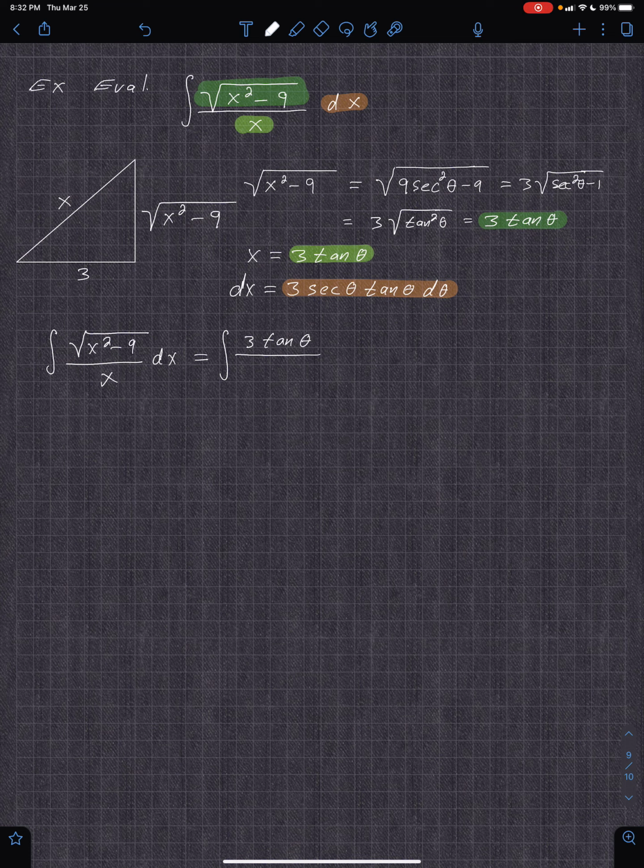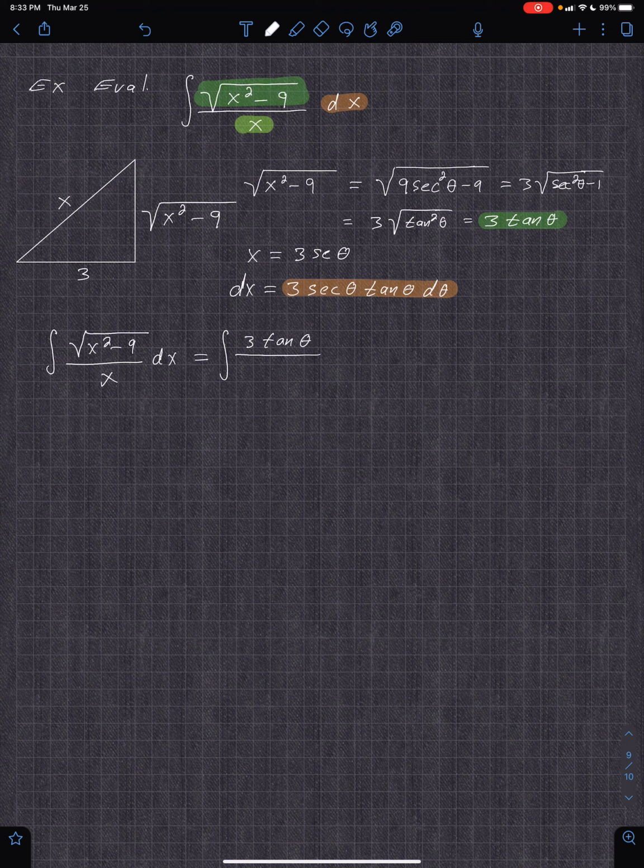Wait, I messed up somewhere. Let's see. This is secant. Yeah, this is secant. Okay, so this needs to be fixed. When I solve this, I have that secant is hypotenuse over adjacent. So x is 3 secant theta. So dx is that.